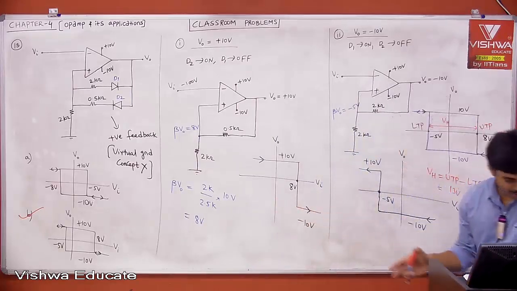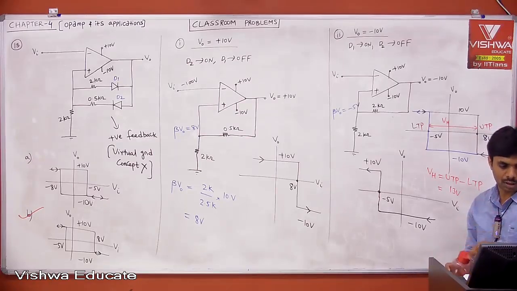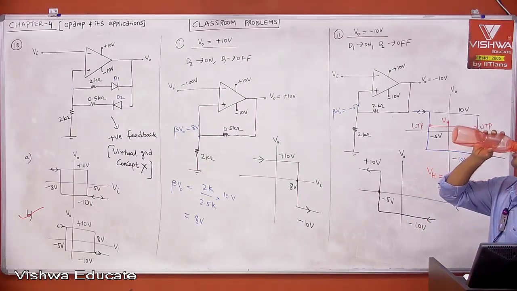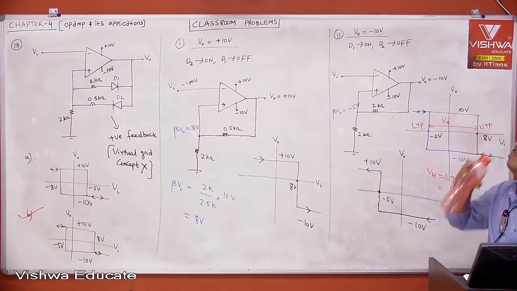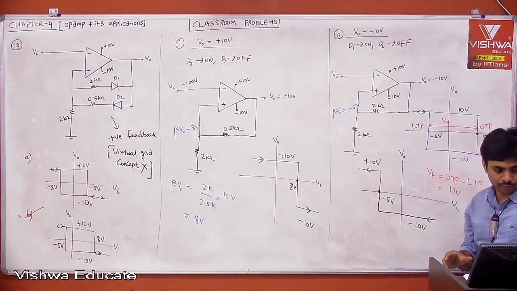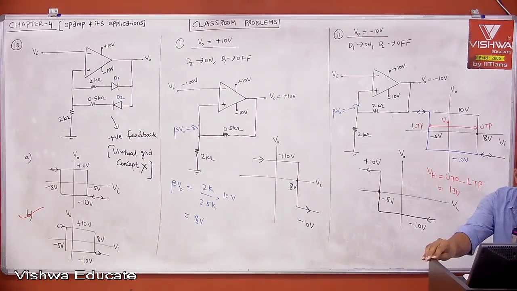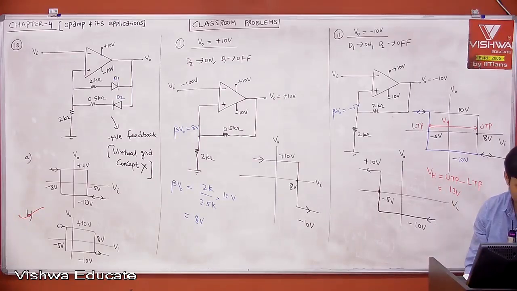I think whatever I plotted, option B is correct. This is GATE 2005. This is for 2 marks.